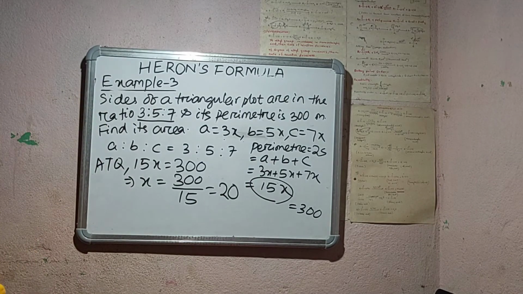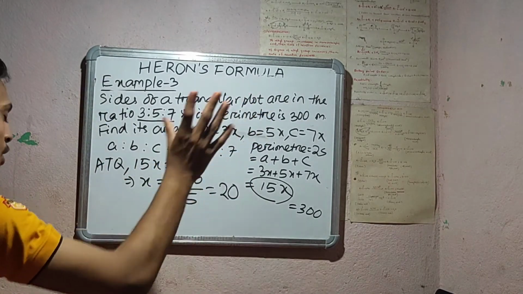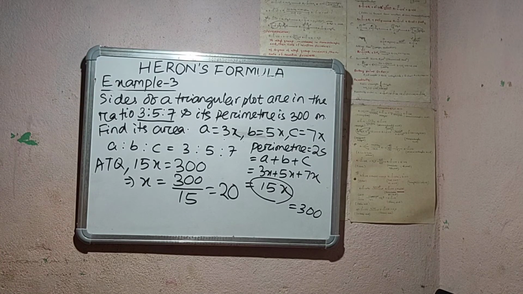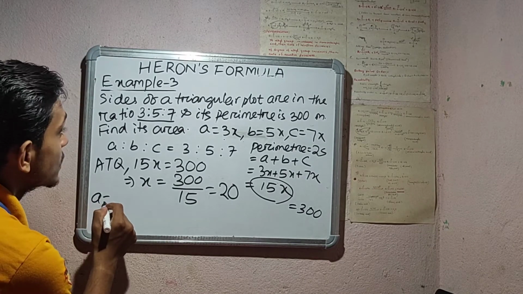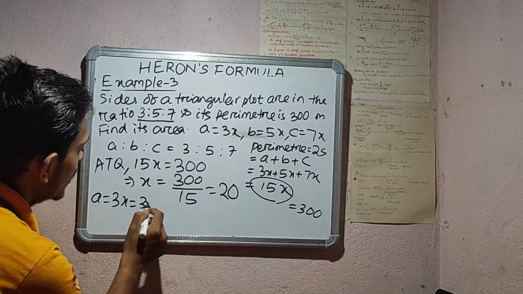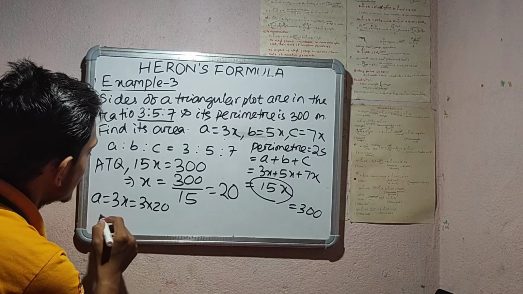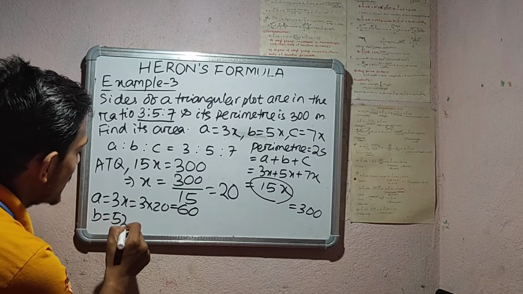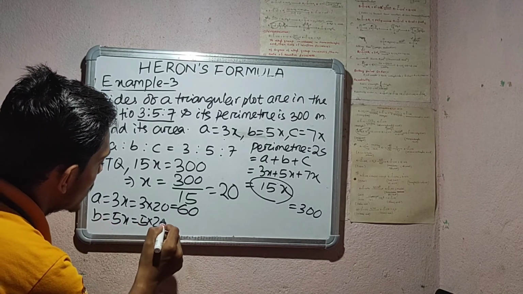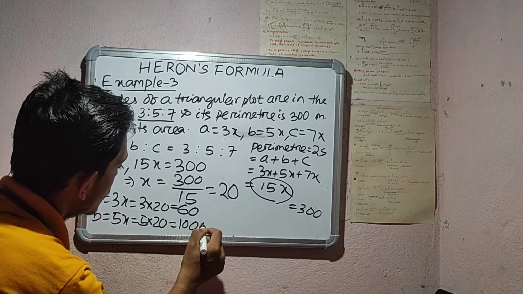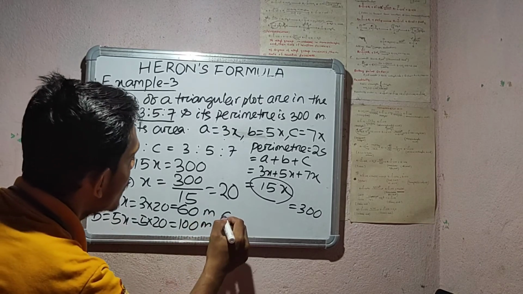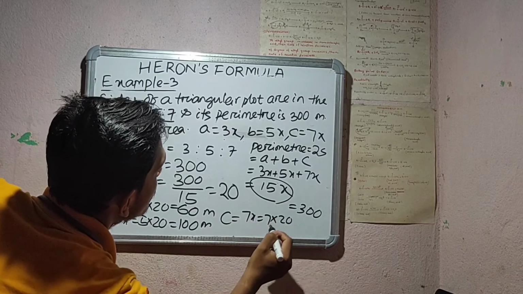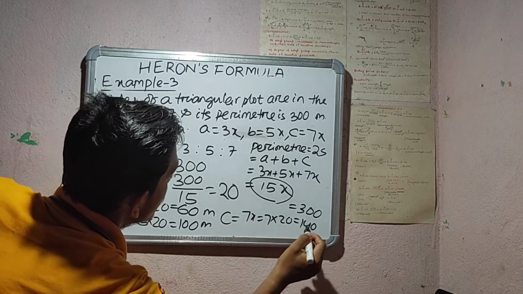From x we can find all these. The value of a is 3x, so 3 multiplied with 20 is 60. Similarly, b is 5x, that is 5 multiplied with 20, that is 100 meter. And c is 7x, that is 7 multiplied with 20, that is 140 meter.